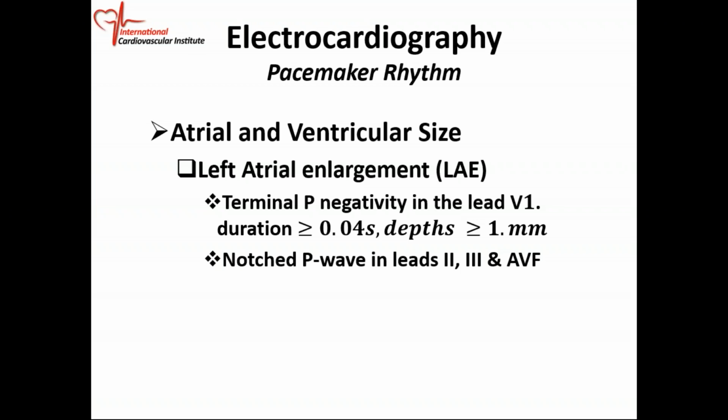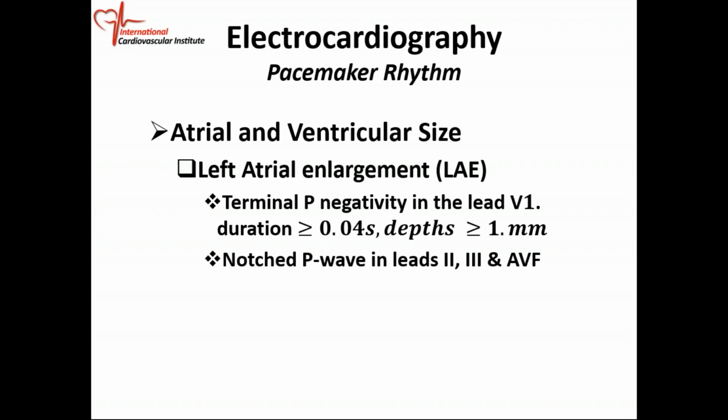If lead V1 is biphasic, and I'll explain what that means, and if the terminal portion of that biphasic P wave is more than one small block in width and one small block in height, then you have left atrial enlargement, and we'll show you what that looks like.